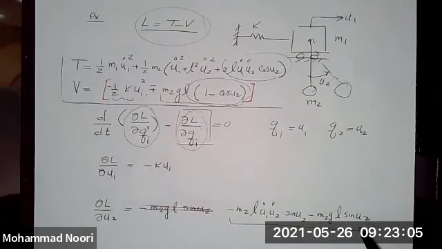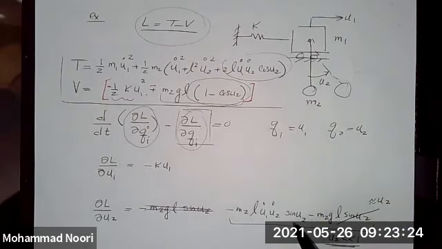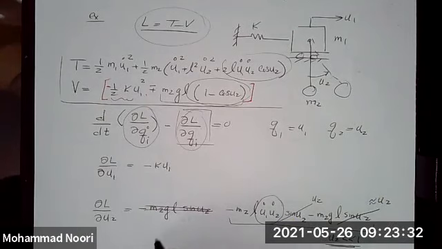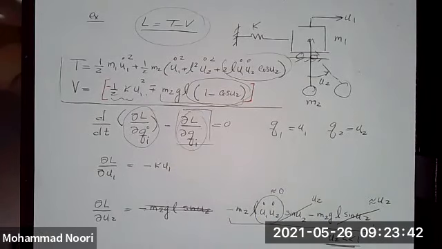Now, assuming that u2 is a very small value, sine of u2 is almost u2. However, if u2 is small, all quadratic terms, products of u dots, will be very, very small.